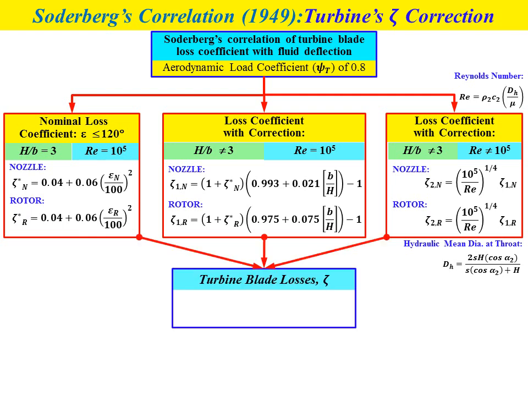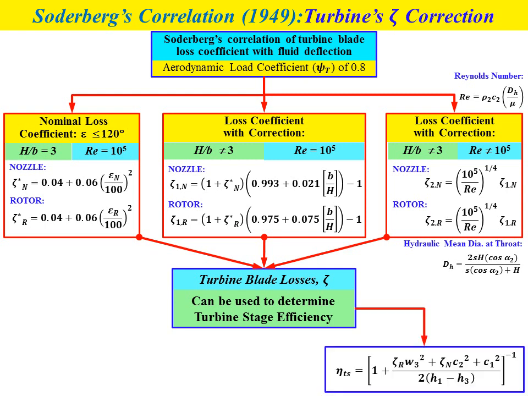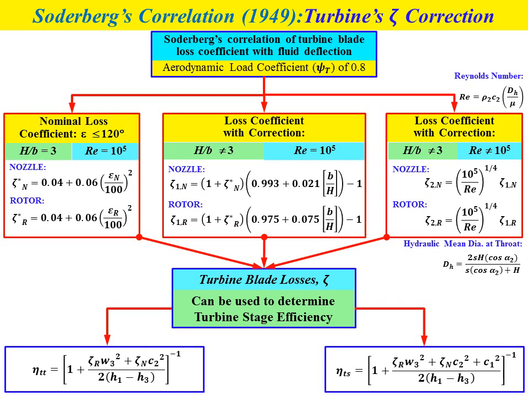So all these three equations for zeta provide the value for turbine blade losses, and the value can be used to determine the turbine stage efficiency. For example, in the formula for total efficiency, and also the formula for total to static efficiency, we have terms in zeta r and also zeta n.